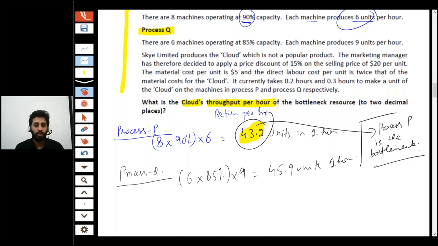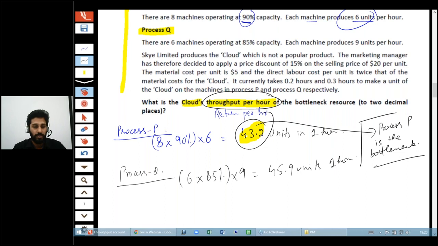All right. So can you people please calculate this throughput per hour and give your answer in the question box? That should be written per bottleneck hour.